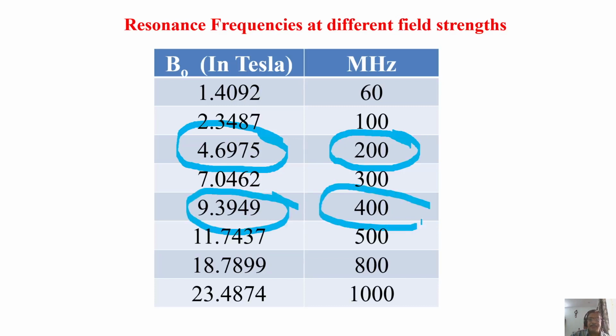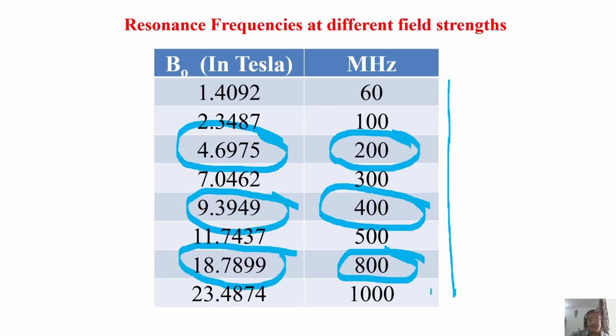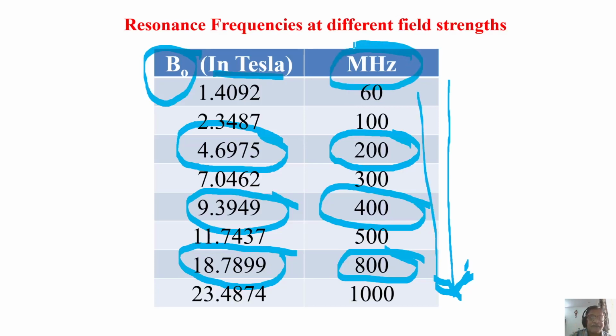Resonating frequency gets doubled. I go double of this, I'll make it 18.8. Look, it goes to 800 megahertz. As you keep increasing the magnetic field, the resonating frequency is changing linearly. So this is an important concept you must remember. And B naught, the magnetic field, is always expressed in Tesla in NMR, and resonating frequency is always expressed in megahertz.